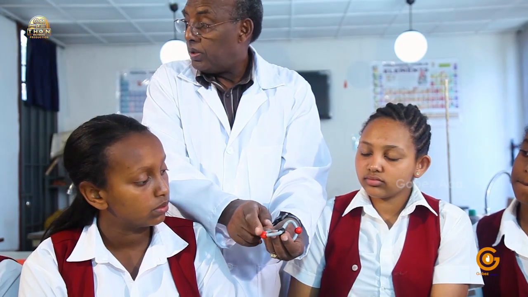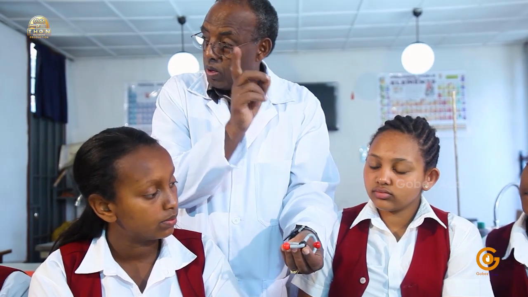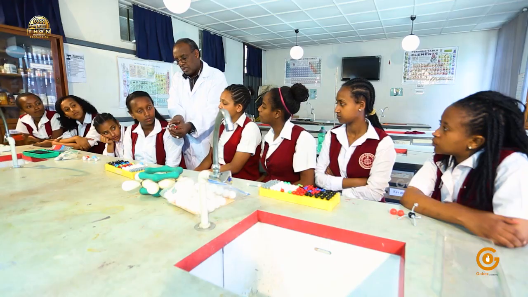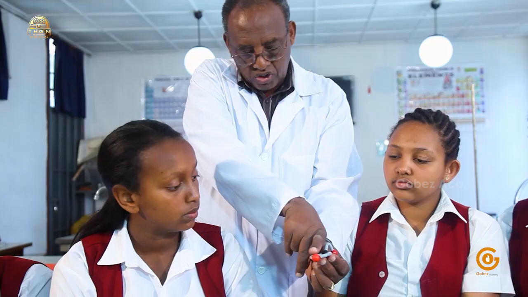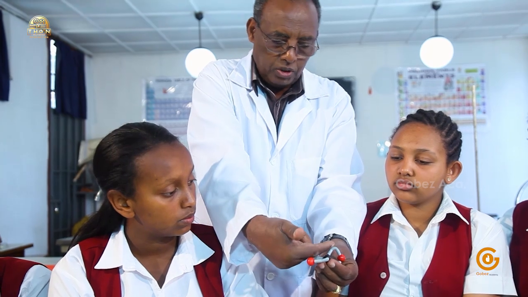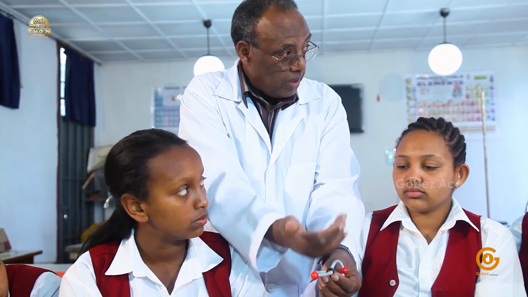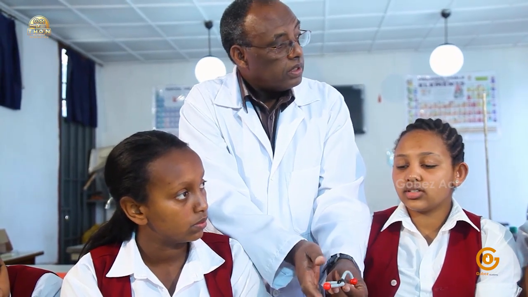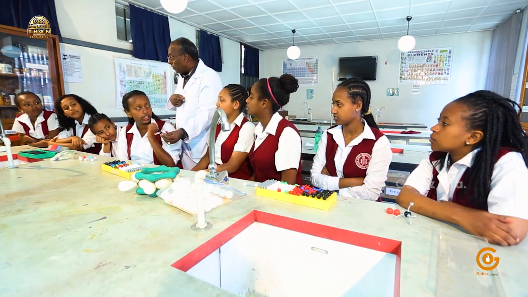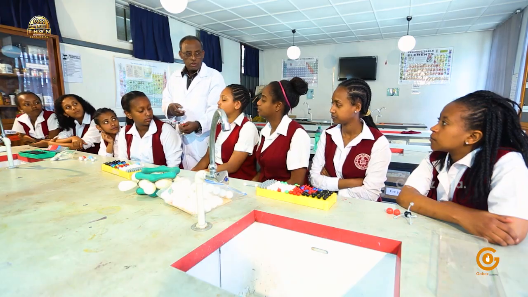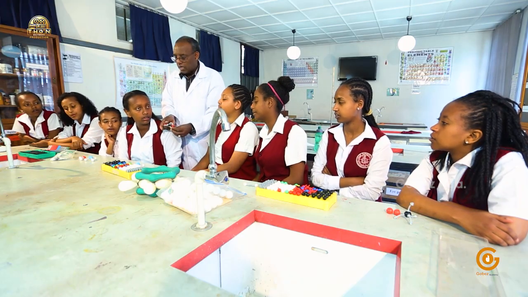Dipole moments are vector quantities. They start from the positive and point towards the negative. So this is pointing in this direction, this is pointing in that direction. They have the same magnitude, so they cancel out. So what is the dipole moment of the molecule as a whole? Zero. So it is non-polar.